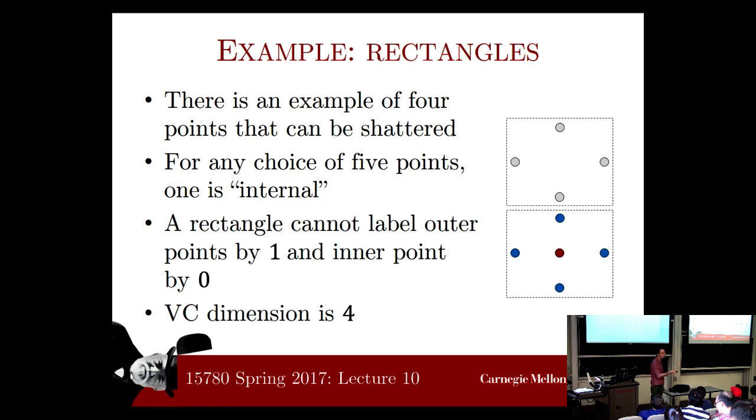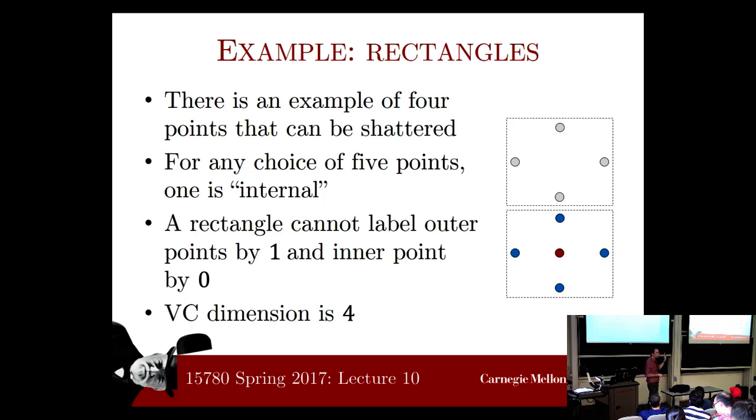Give me some labeling, like if you want plus, plus, minus, minus, I'll give you this rectangle. If you want plus, plus, plus, minus, I'll give you this rectangle. It's very obvious that for any labeling of pluses and minuses, there's some rectangle that would give you exactly that labeling. Okay? So this is a set that can be shattered by axis-aligned rectangles.